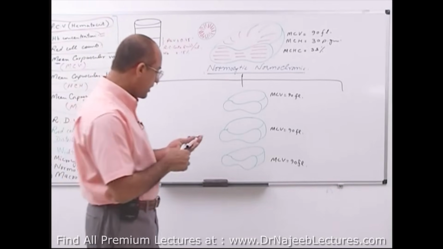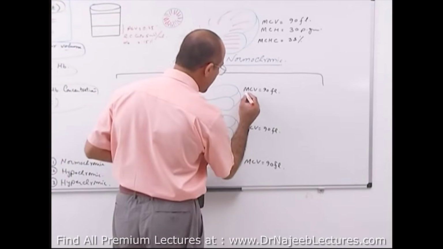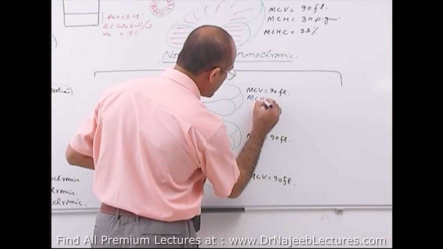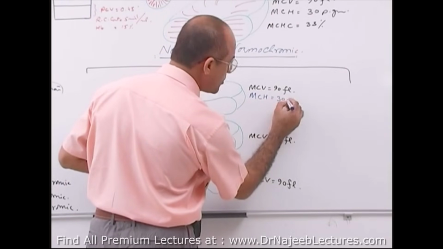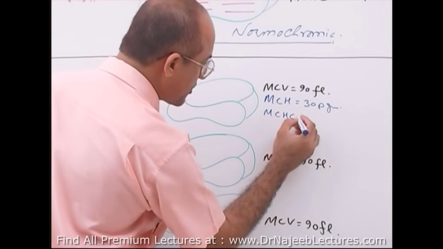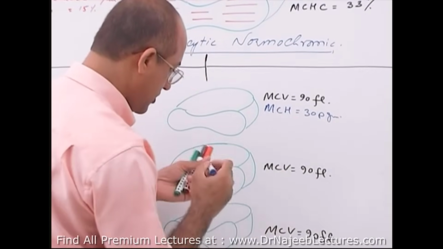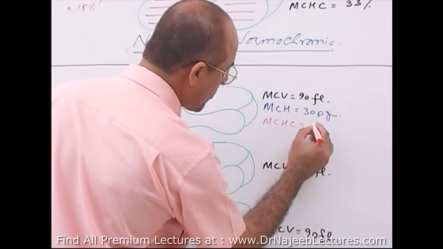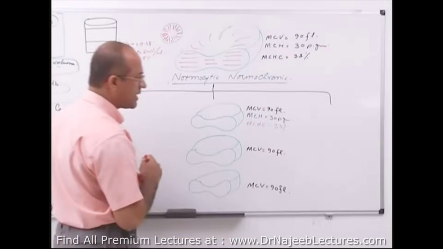Here hemoglobin per RBC, mean corpuscular hemoglobin, is 30 picogram. Then mean corpuscular hemoglobin concentration will be 33%.